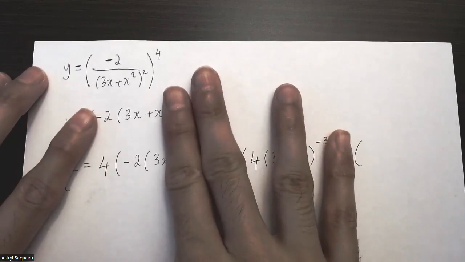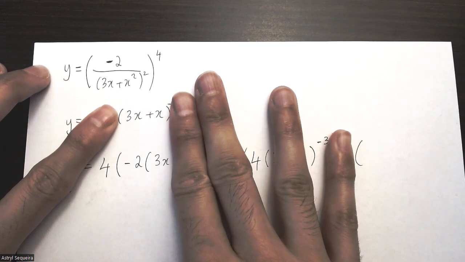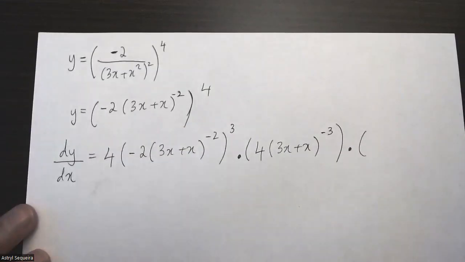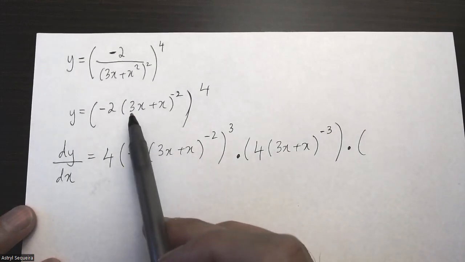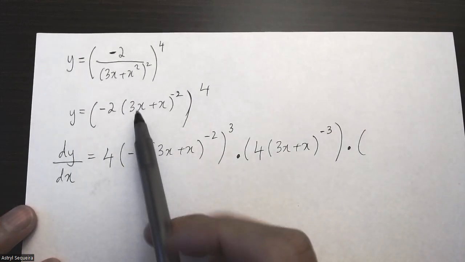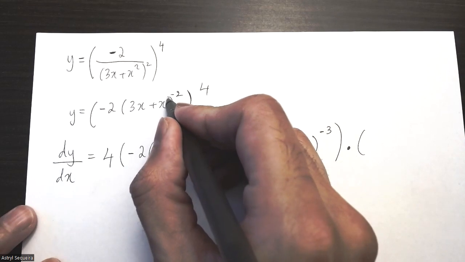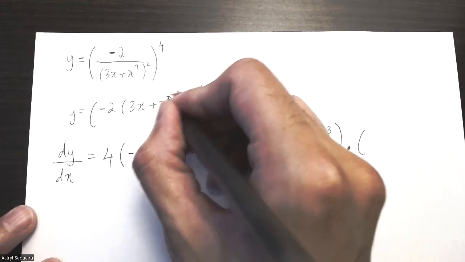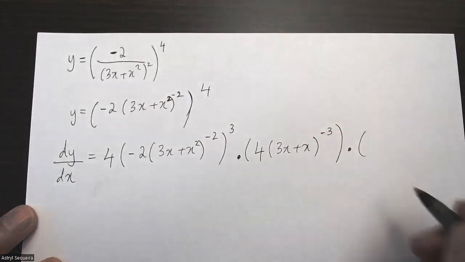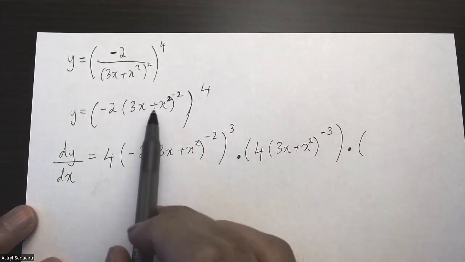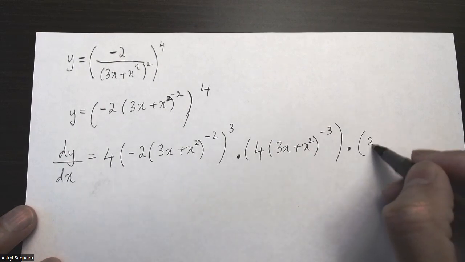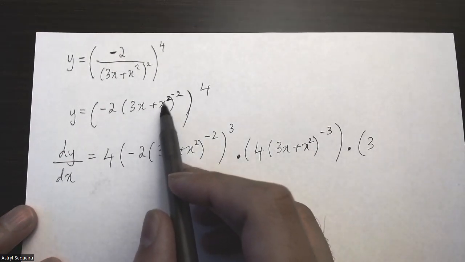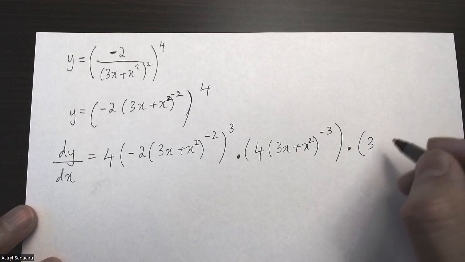Basically, you pretend like none of this exists and all we have here is this bracket. So if I derive the inside of this bracket, the derivation of 3x, oops, I forgot to write my square here. The derivation of 3x is just 3, and the derivation of x squared is just 2x.